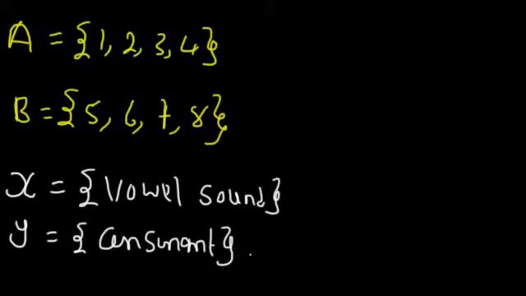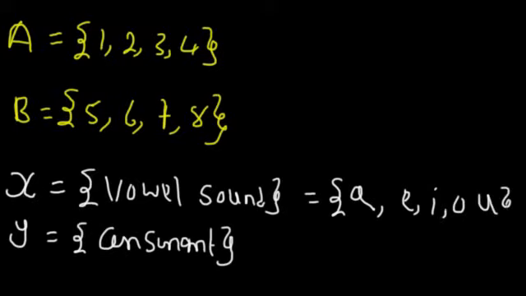The vowel sounds are A, E, I, O, U, while the consonant sounds are the rest. Now we will observe that there's no common element between them, because A, E, I, O, U don't repeat themselves in this particular set Y. So therefore, set X and set Y are said to be disjoint sets.